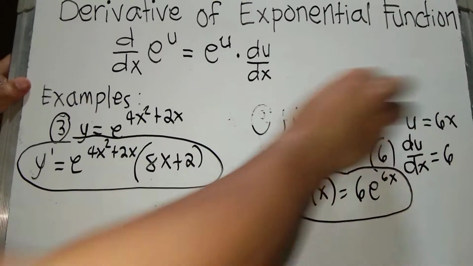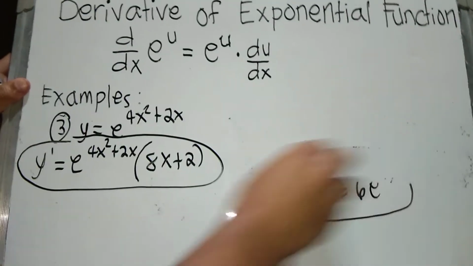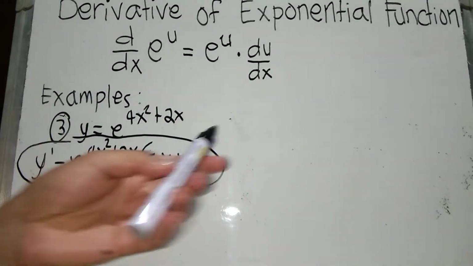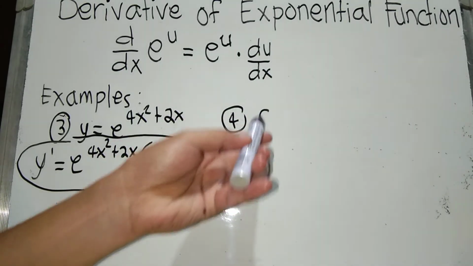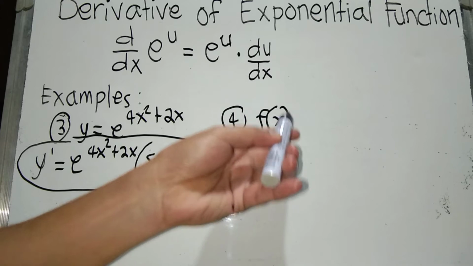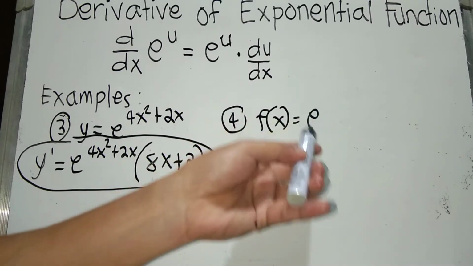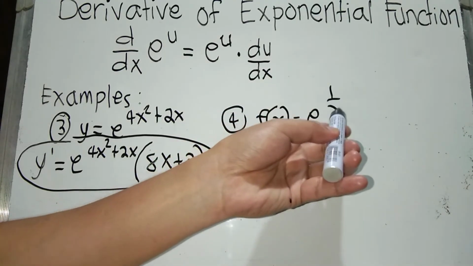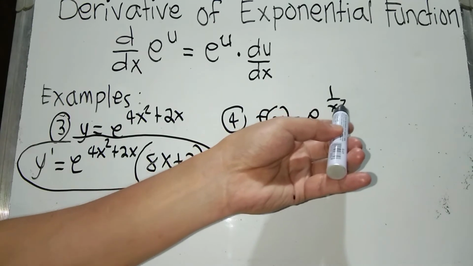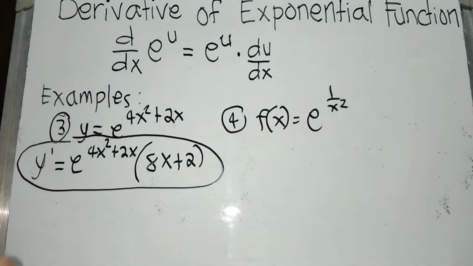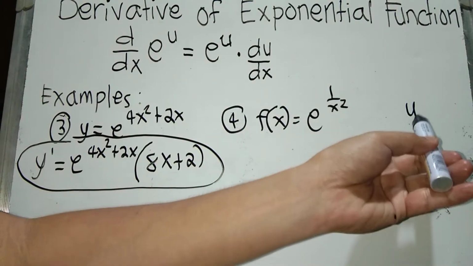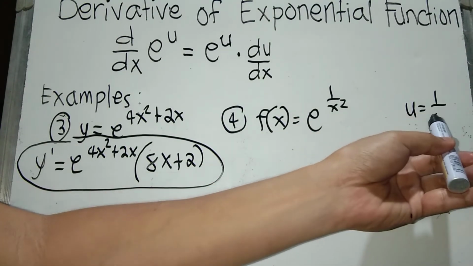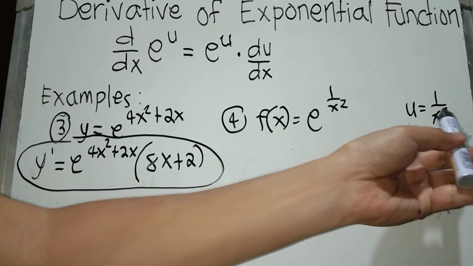Another example. If we have here f of x is equal to e raised to the power of 1 over x raised to the power of 2. Now from here, our u is now equal to 1 over x squared.